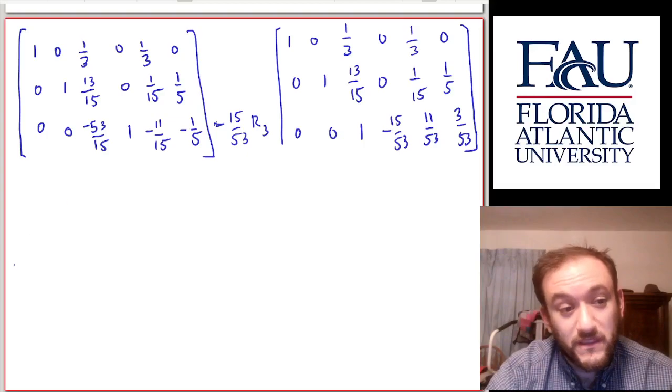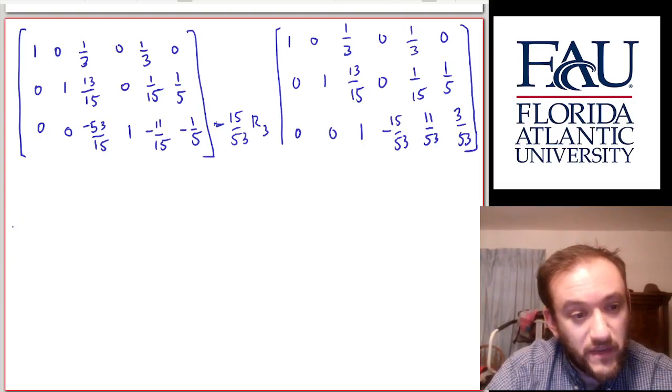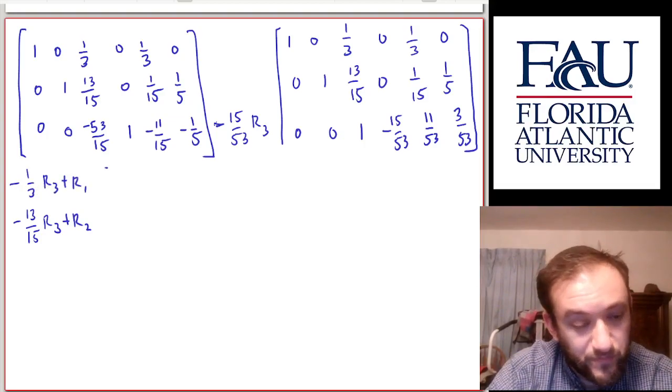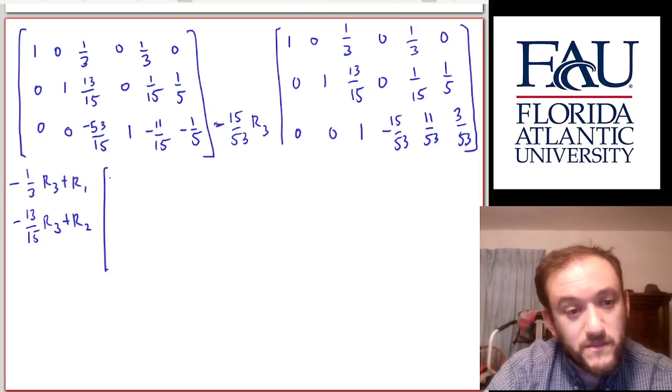Next, we have to eliminate the entries above this final leading 1. So we're going to have minus 13 over 15 times row 3 plus row 2, and minus 1/3 times row 3 plus row 1. Okay, starting with the top row, we have 1, 0.